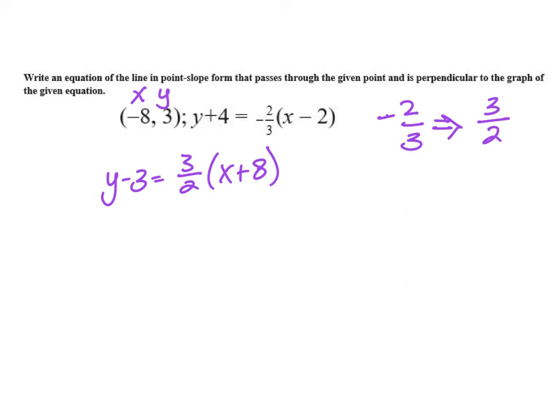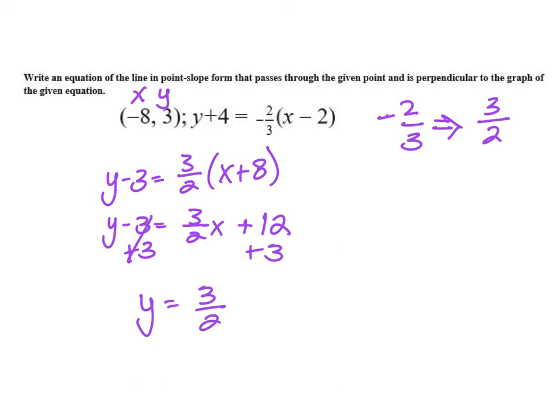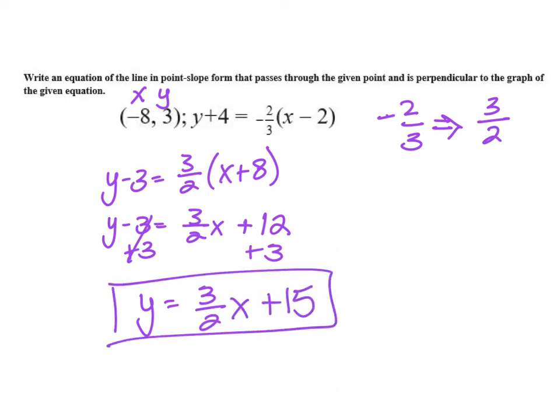All right, y minus 3 equals 3 over 2x plus 12. There it is, y equals 3 over 2x plus 15.